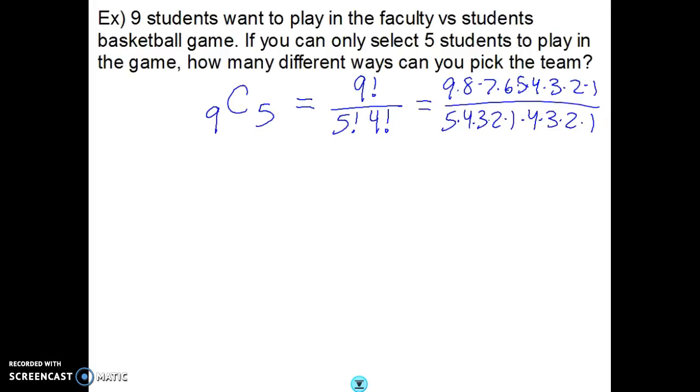We can again do a whole lot of canceling here. 4, 3, 2, and 1 all cancel out. This 5 and this 5 cancel out. You can cancel out a 4 times 2 with an 8, leaving you with just 9 times 7 times 6 on the top, and 3 times 1 on the bottom.